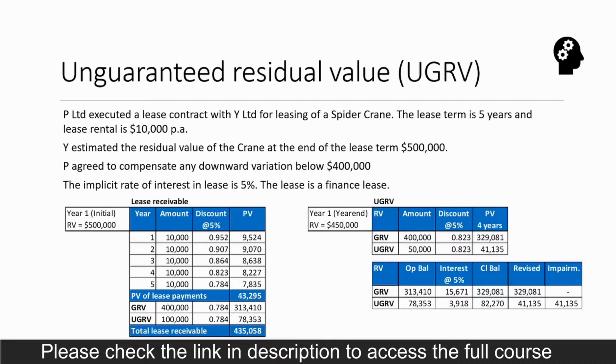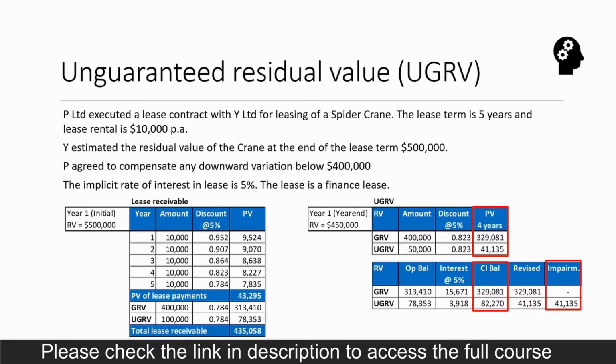In this table, PV of revised residual value at the end of year 1 is computed. And in this table, balance of residual value at the end of year 1 and impairment amount is worked out.